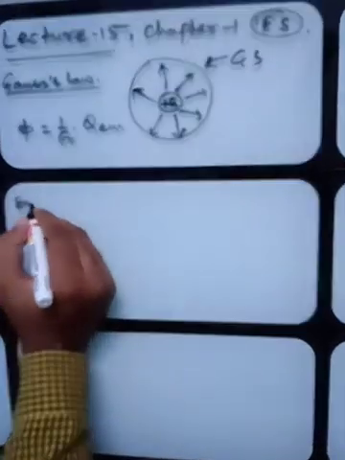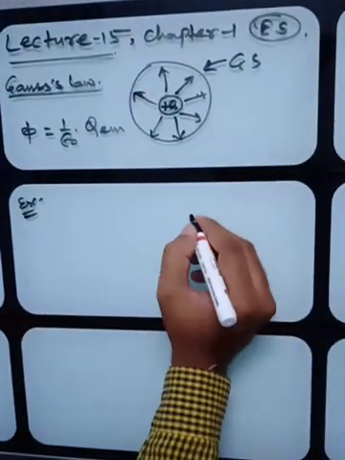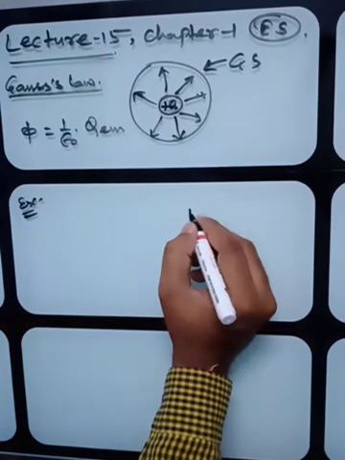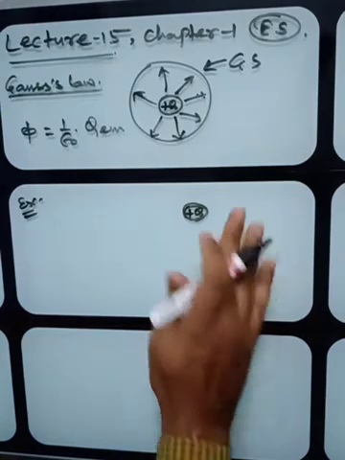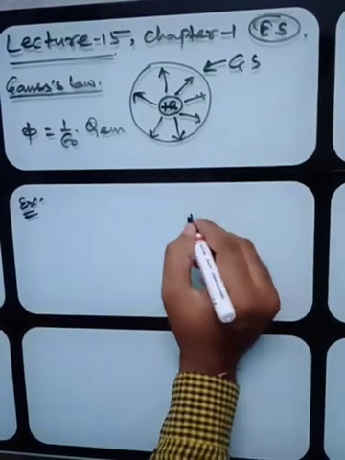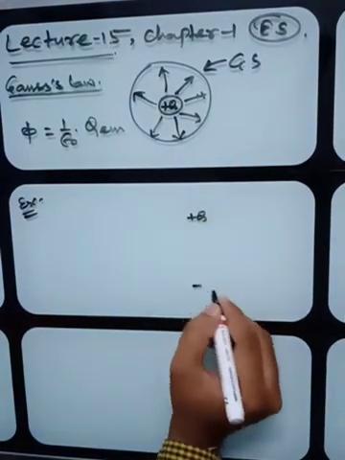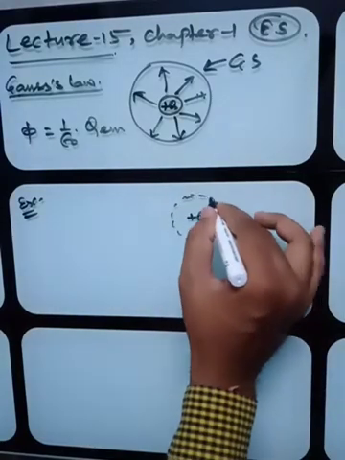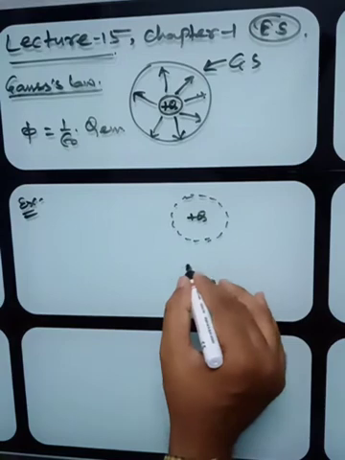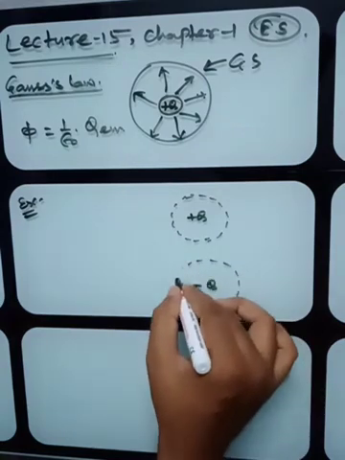Suppose this is a charge plus Q, and this is minus Q. One Gaussian surface is this one, another Gaussian surface is this one.